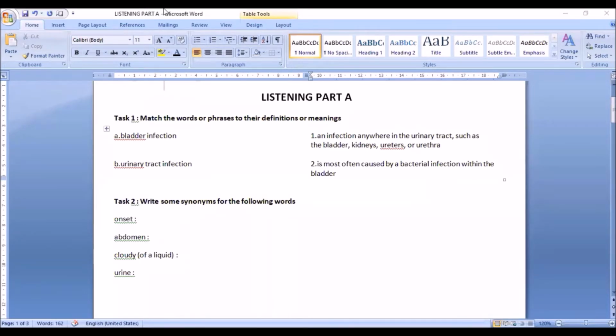Indeed, we have A with two: a bladder infection is most often caused by bacterial infection within the bladder, and a urinary tract infection, B, is with one. So now you actually get a bit of an idea of what our listening is going to be today. So A with two and B with one. Good.